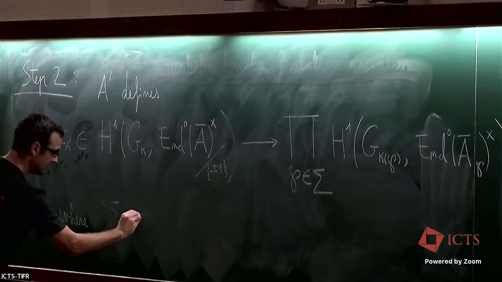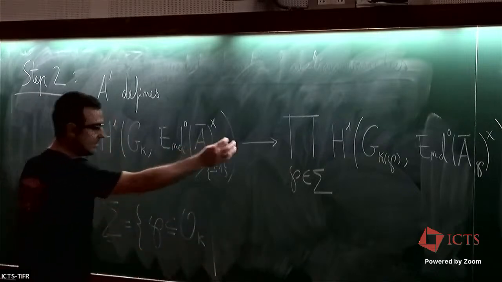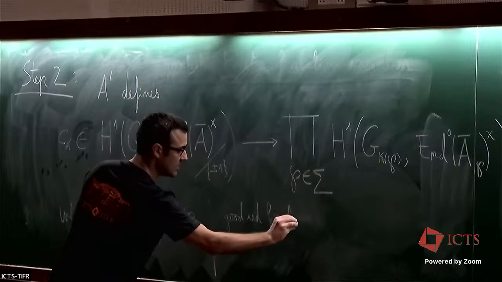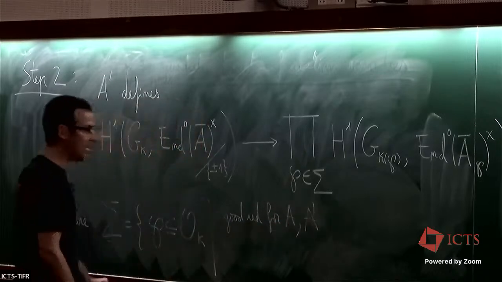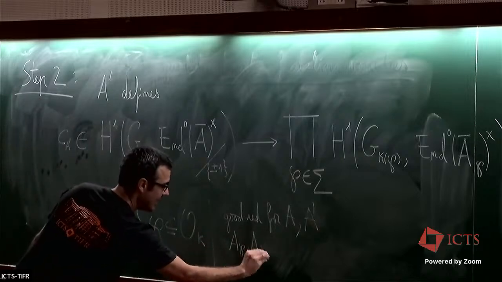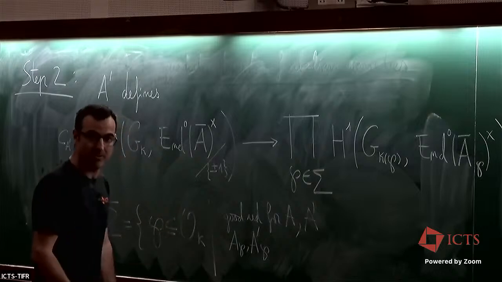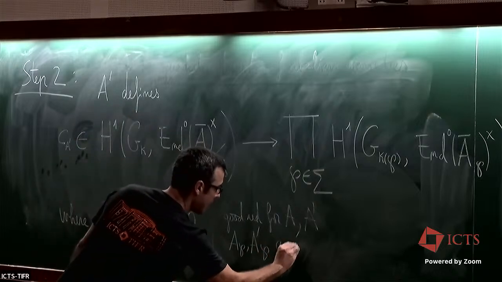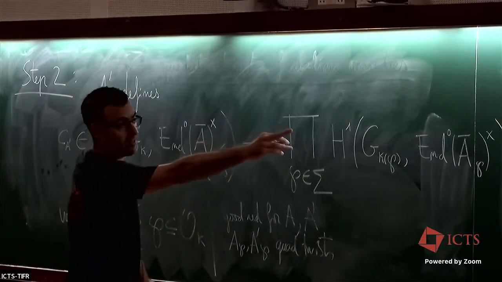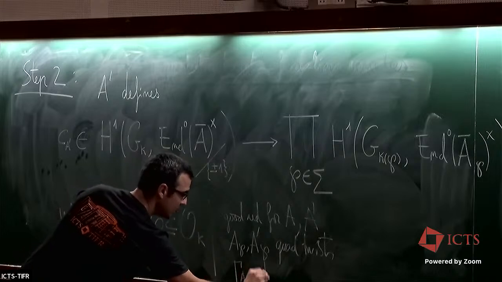So this is a set that consists of primes that are of good reduction so that this is well defined. Then I will further impose that the reductions of A and A prime at P are quadratic twists. I know that this happens for a set of density 1 primes. And I will further impose that the subgroup generated by eigenvalues of Frobenius that I had defined there is torsion-free.